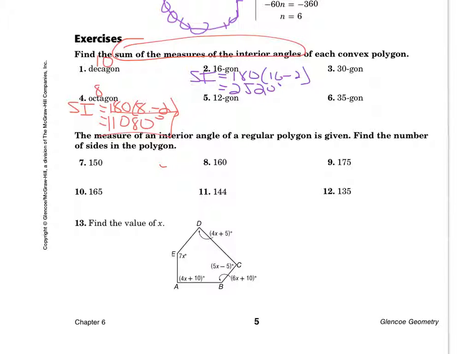And lastly, the 35-gon: SI equals 180 times, my handwriting is miserable in these videos, 35 minus 2, which is 33, so 33 times 180, trusty calculator says 5940. So I don't know what each of the angles are, but I know they all add up to 5940, just like the angles of a triangle add up to 180. These add up to these numbers.